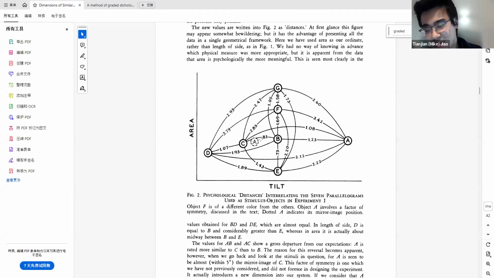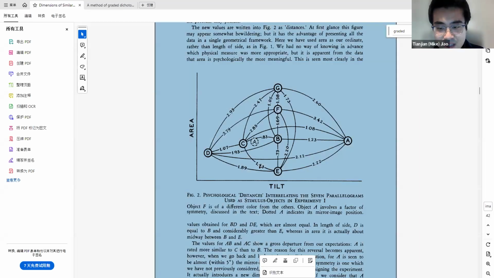But one interesting thing regarding this is that we can see there's this A here in a dotted line and A here. It turns out that the relationship between A and C, the participant considered them to be quite similar. And they consider the parallelograms B and C to be quite similar, but they consider A and B to be quite different from each other.